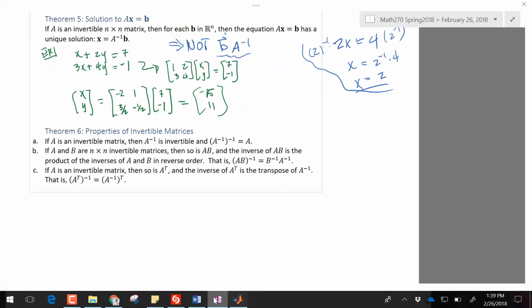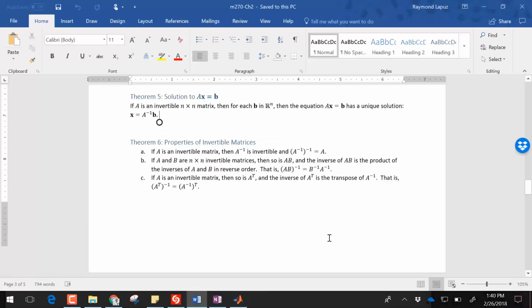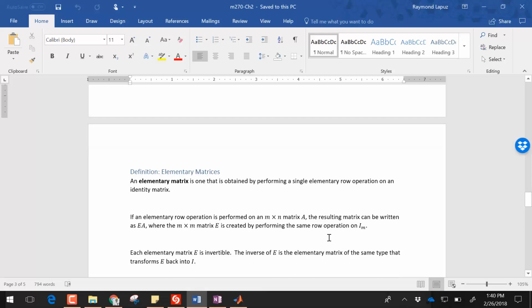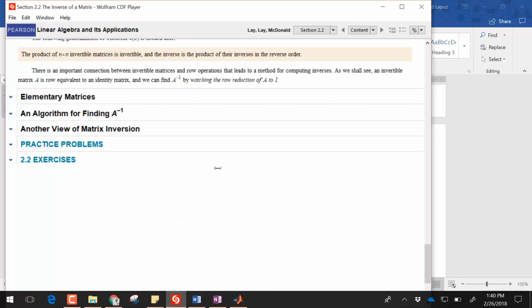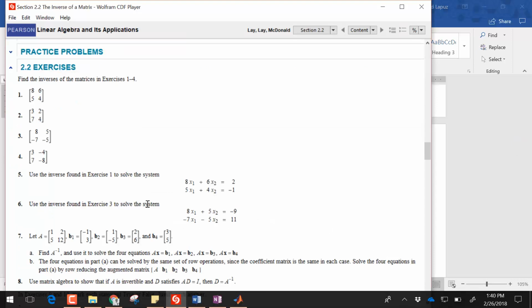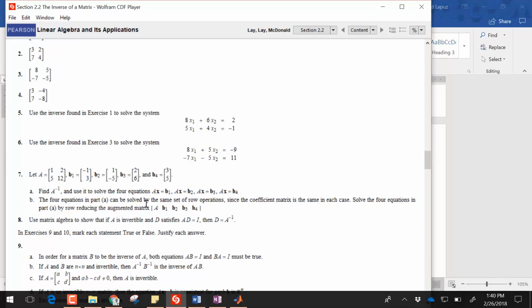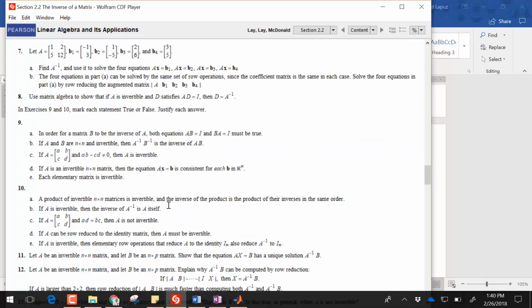All right, let's see what else is in my notes before we get to the algorithm. Oh, elementary. Oh, this is a whole page. Maybe we can see if we can come up with some examples here. Oh, so number 7 is a good example of why you might want to find the inverse to solve for your AX equals B. I don't want to do any examples.